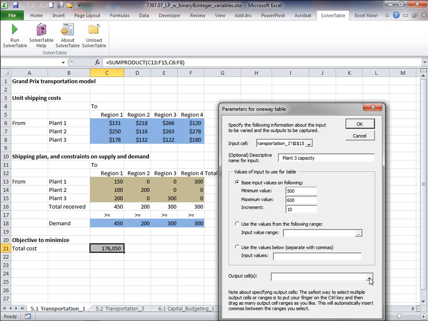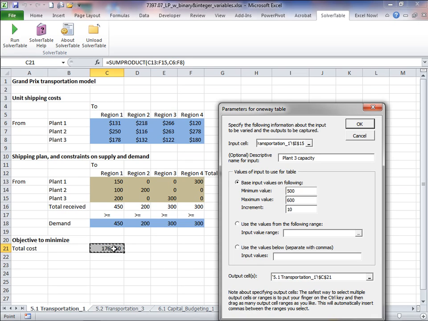And for my output cells, I'm going to pick on my objective function, all right? And then the other thing that I might be interested in is seeing how much this matrix changes. Because I did the math, and I said, I know if this goes down to 99 and this goes up to 201, that's worth $72 to me. But I don't know if any of these other numbers are going to change, right?